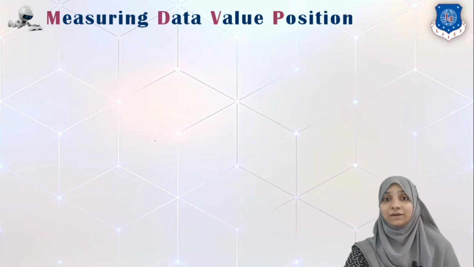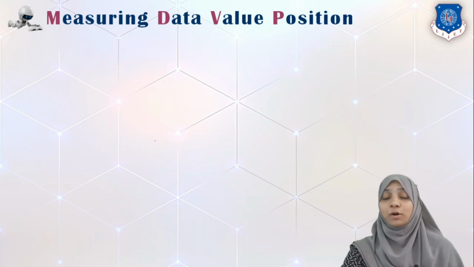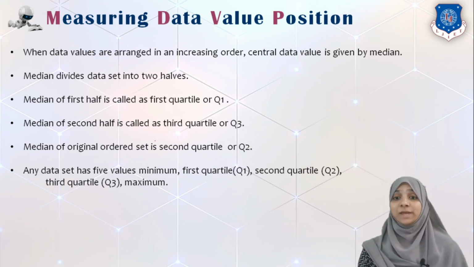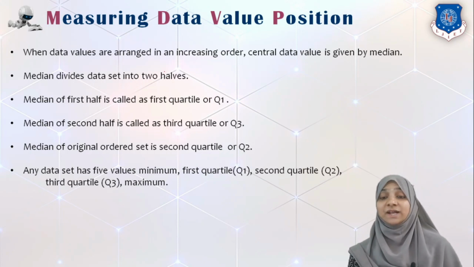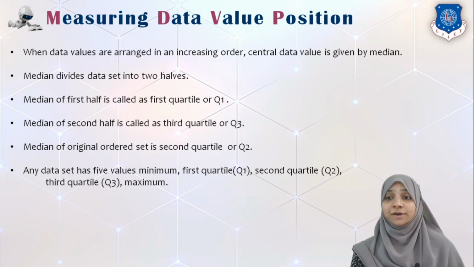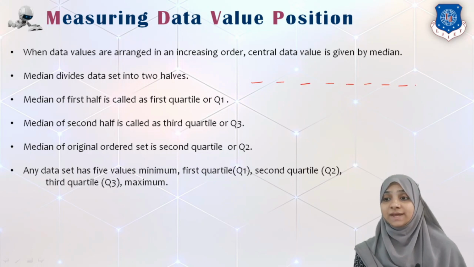Okay, now we quickly need to start with the box plot. Now this box plot will also require something called quartile. Now what do we mean by quartile? Say we arrange the data values in increasing order. Say for example these are values 1, 2, 3, 4, 5, 6, 7, 8, 9 and 10.